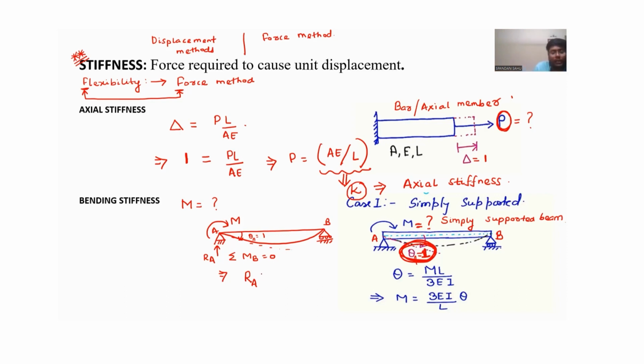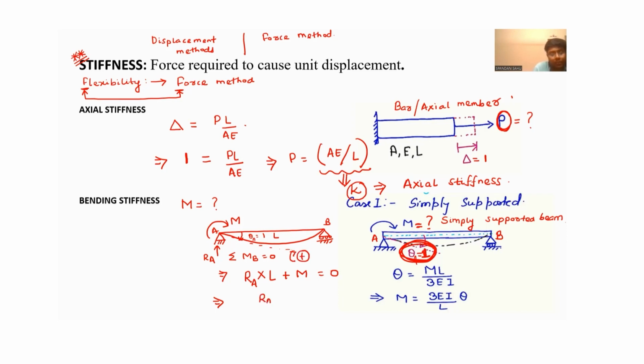So let us write summation of moment about point B equal to 0. It will be RA into L, where L is the length of the beam, plus M equal to 0. I am taking clockwise to be positive.